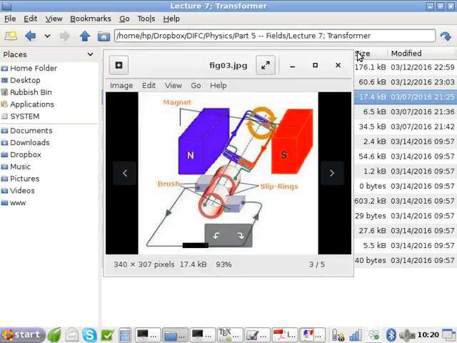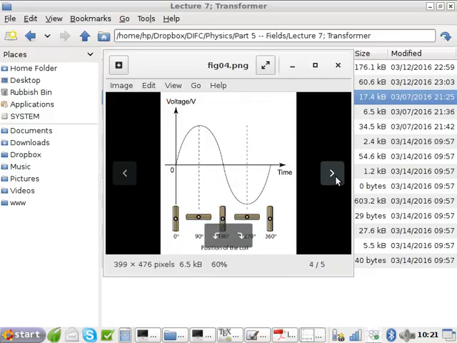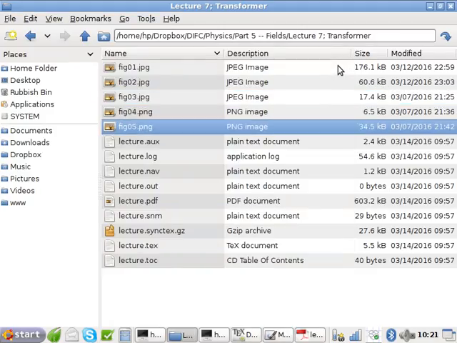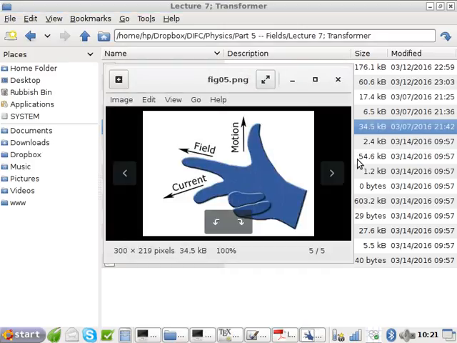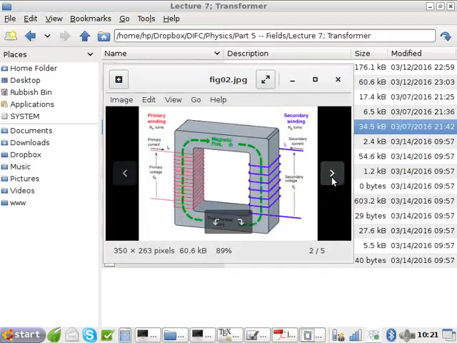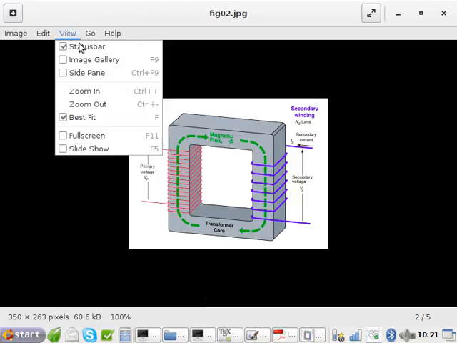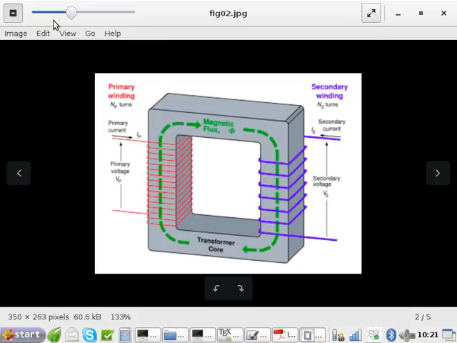Wrong picture. Totally wrong picture. Zoom in. It's okay?